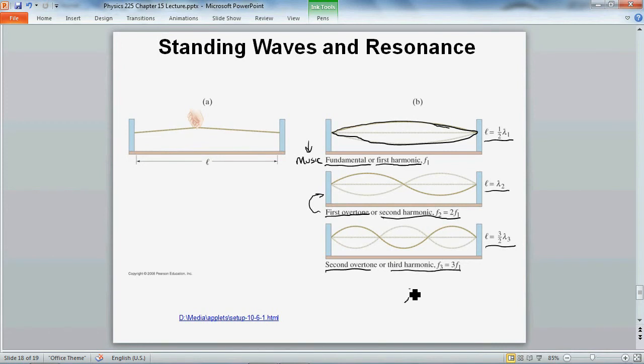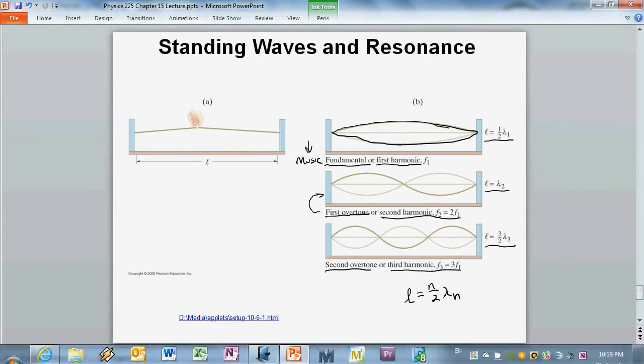If we have the length and I want some specific harmonic, it is going to be equal to n over 2 times lambda n. Lambda n being your nth harmonic, n being your harmonic number. So n divided by 2 times lambda n gives the length of the string in between these two fixed points.